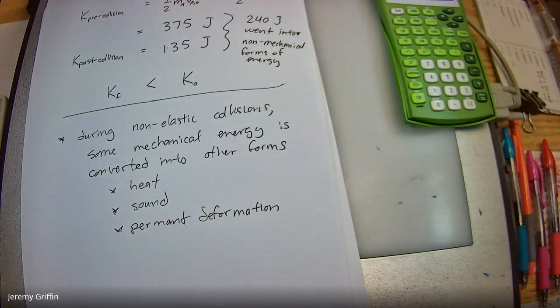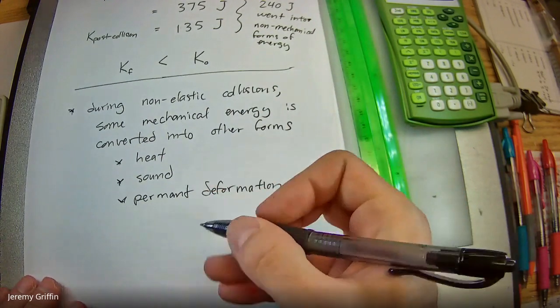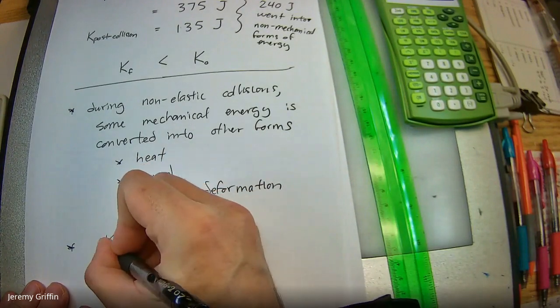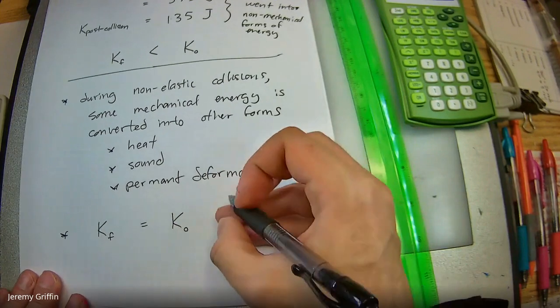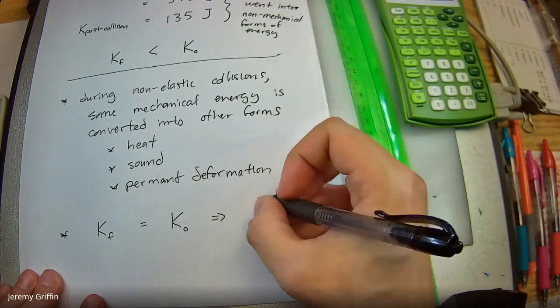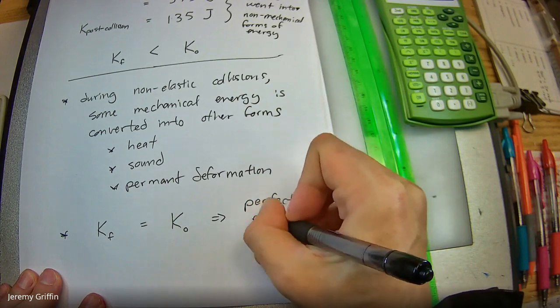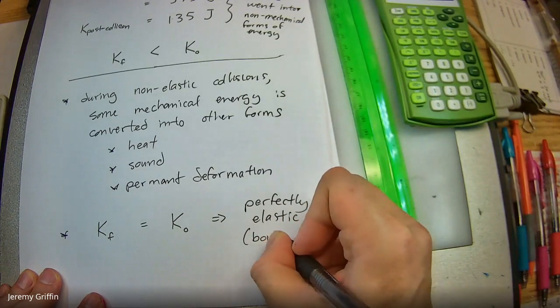The physics interpretation of that is that not only is momentum conserved, which is a law of the universe, but also that very special kind of energy called kinetic energy happens to be conserved. So if the post-collision kinetic energy is equal to the pre-collision kinetic energy, you're looking at something that's perfectly elastic. It's perfectly bouncy.